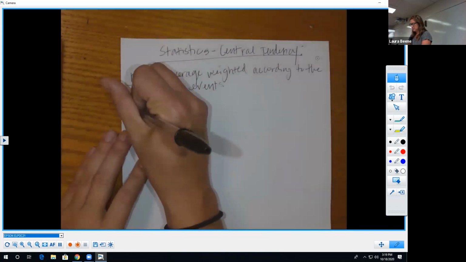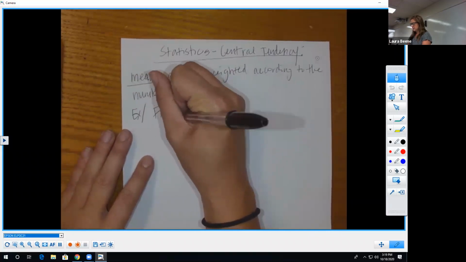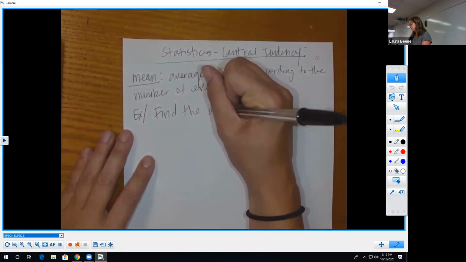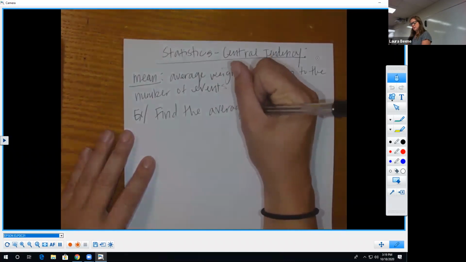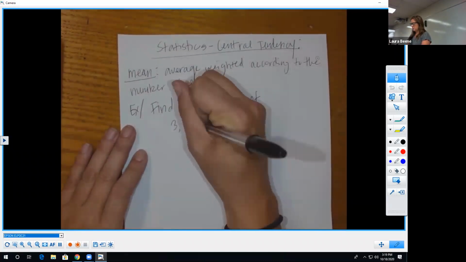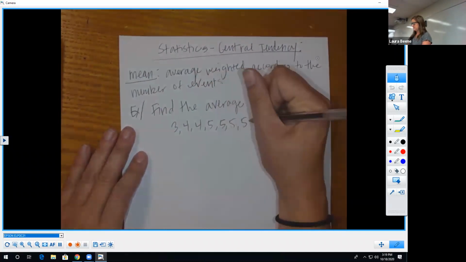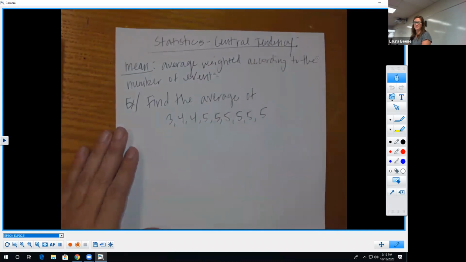The first example is if I give you a set of numbers, find the average or the mean of this set of numbers: 3, 4, 4, 5, 5, 5, 5, 5, 5.